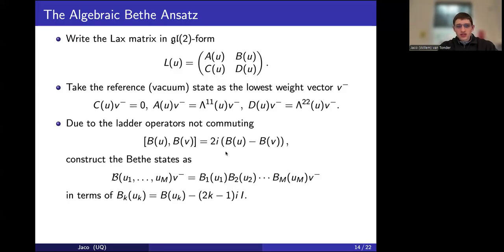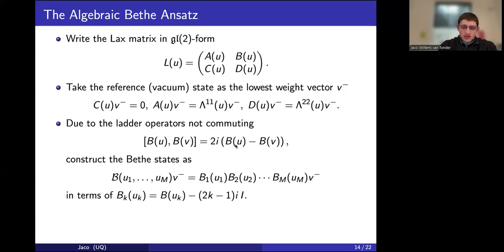Now, in this case, for this model, the ladder operators, so the raising operators, do not commute. That means that if we construct our state by multiplying these ladder operators successively onto the lowest weight vector, the order will matter. So we'll get different states depending on the order we apply them in, in contrast to what we would want in the usual algebraic Bethe ansatz.